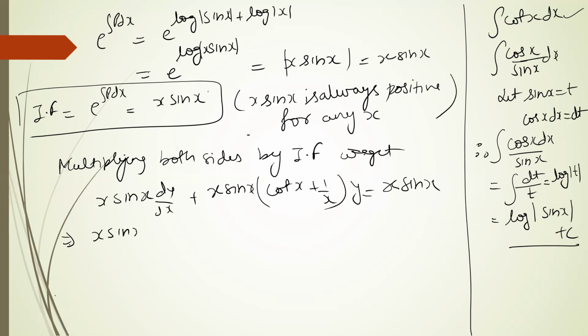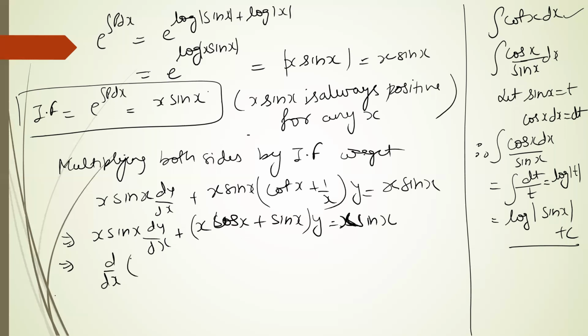We get x sin x dy by dx plus, here when you solve, simplify करिए, you will get x cos x plus sin x into y equals to x sin x, which can further be written as derivative of y x sin x, which is equal to x sin x, d of y x sin x is equal to x sin x dx.